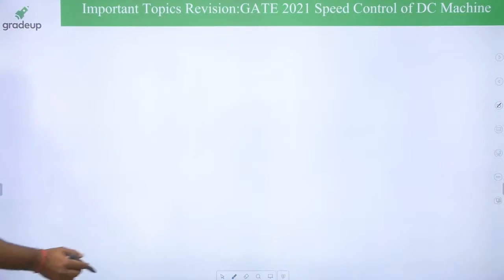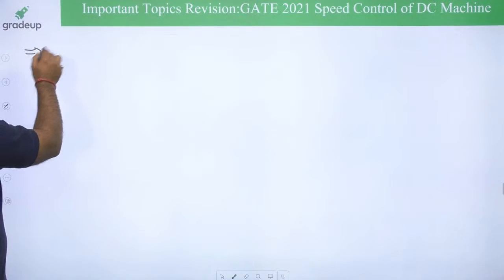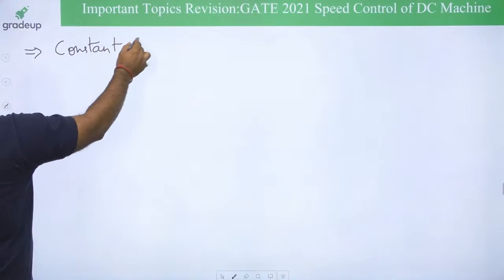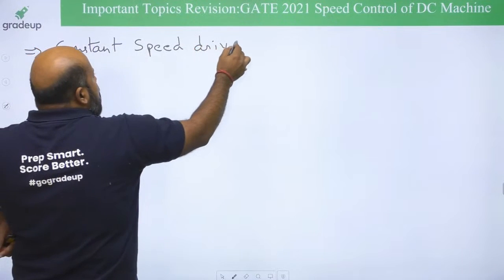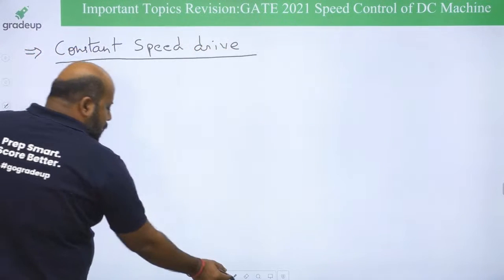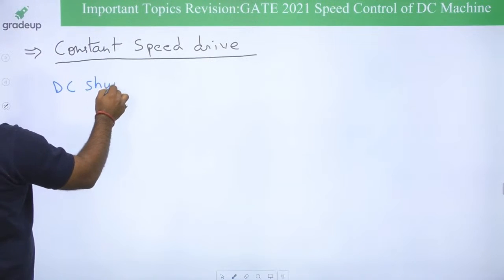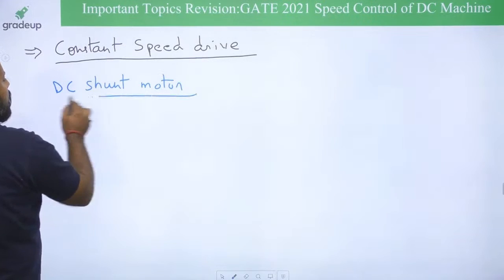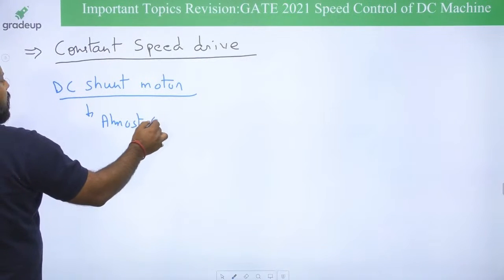Now if you are going to use your motor, suppose you talk about the constant speed drive. Very easily you can understand that DC shunt motor is going to be the best choice, because DC shunt motor is almost constant speed.